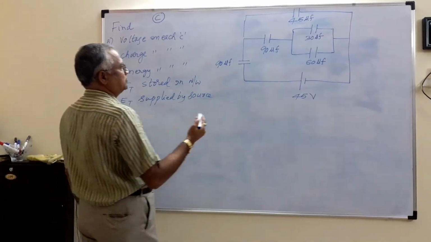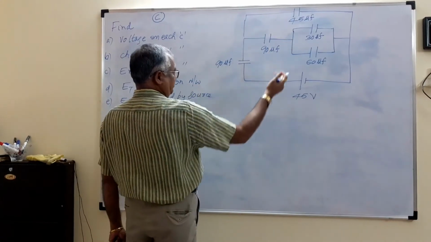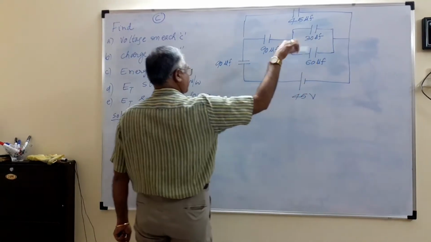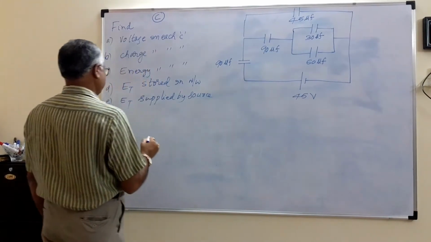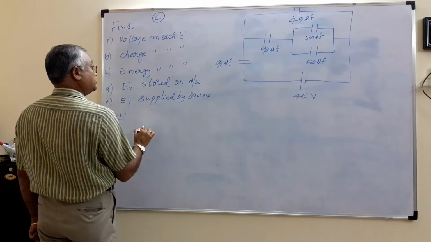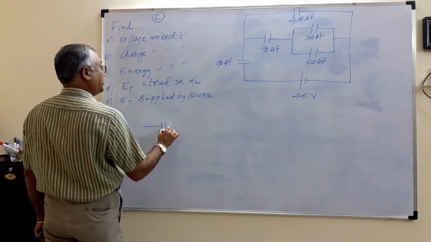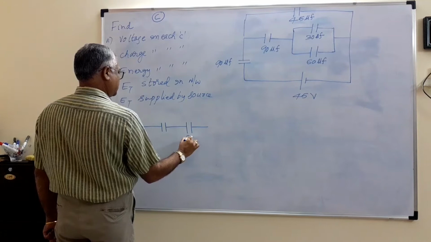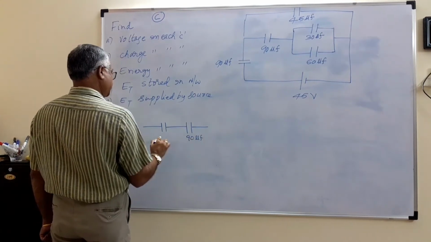Now step by step I am analyzing so that everybody will understand. These three are parallel, so first I simplify that. First step is 90. Those two are parallel, so this is also 90 microfarads.